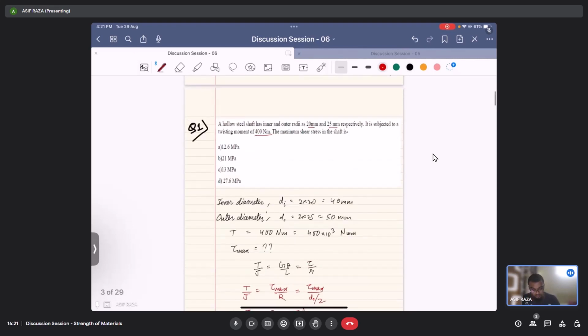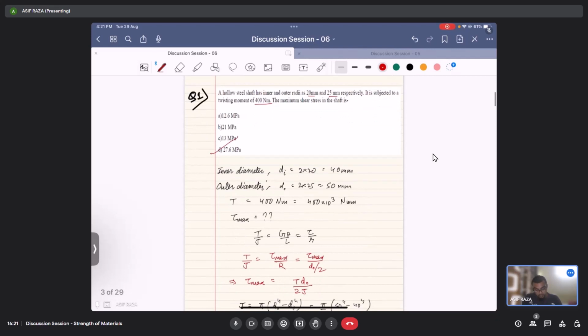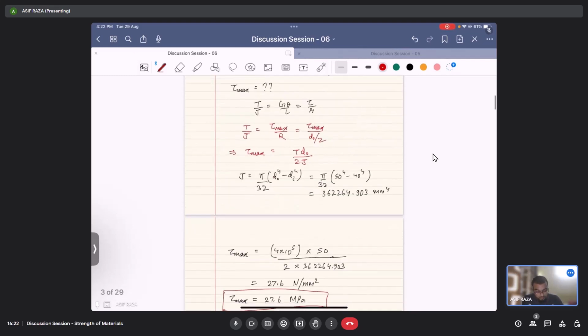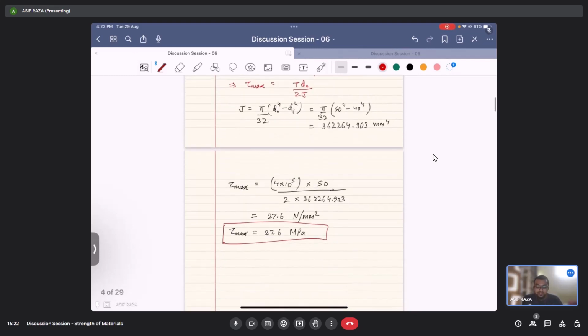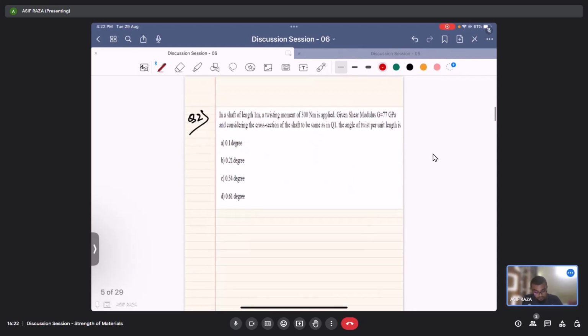The correct option would be option D, 27.6 megapascal. I suggest straightforward use of the formula and substitute that. Now moving on to the next question.